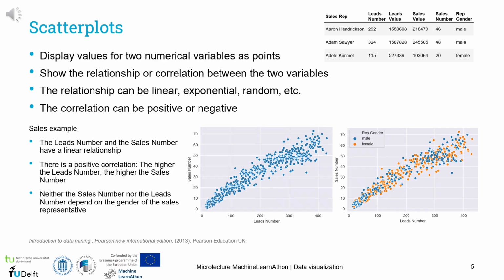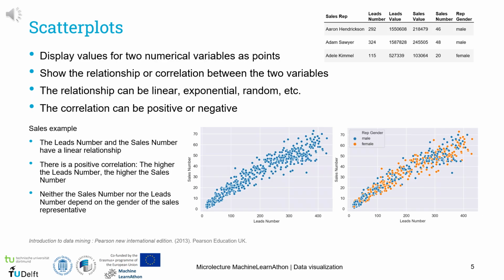And if there is a correlation, it is important to see if it's positive or negative. For example, in the picture on the right-hand side, down in the corner, you can clearly see a linear relation. The data plotted there is from a sales representative data set. And you can see that the higher the leads number of a sales representative, the higher their sales number.